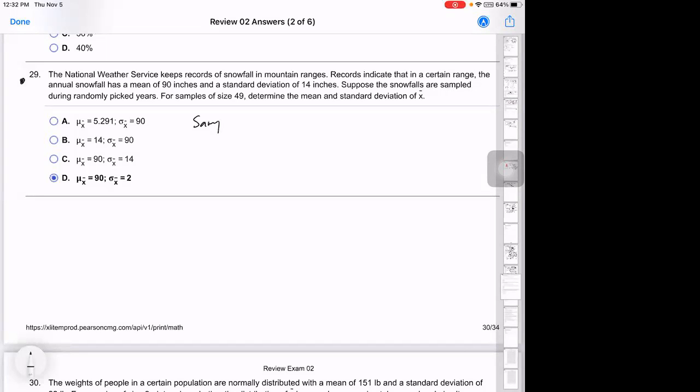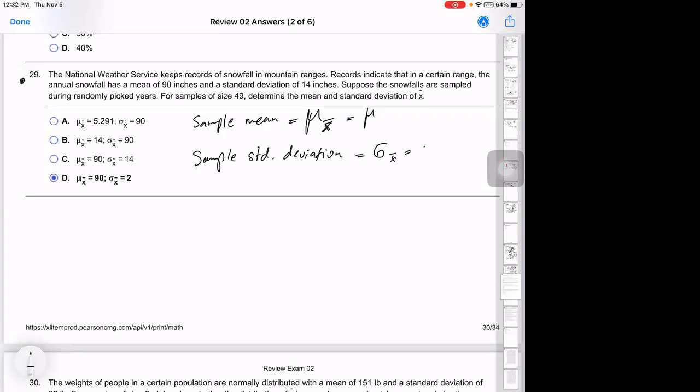Sample mean, which we denote by mu x bar, is exactly equal to mu, the population mean. Sample standard deviation, we denote by sigma x bar.